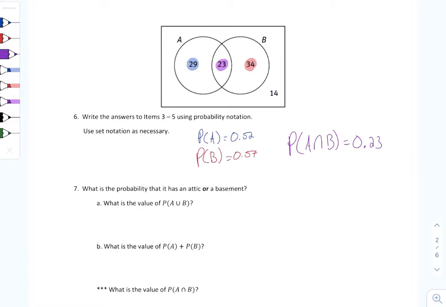So if I wanted to find the probability of A union B, it's going to be still divided by 100, right? Because that didn't change. There's still 100 in total.